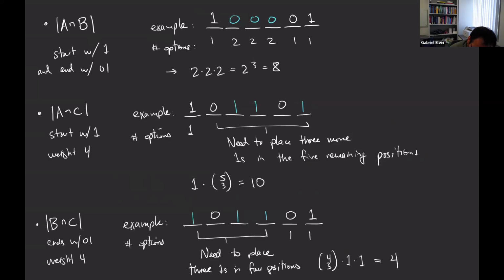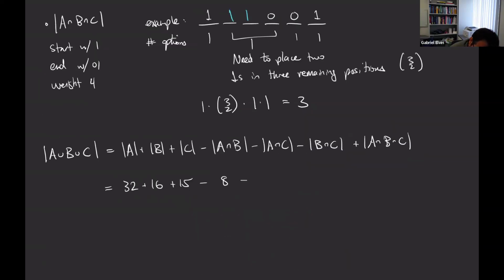So 8, 10, 4. And then the triple intersection had 3 things. And so what do we get? I'm using a calculator right now. Minus 8 minus 10 minus 4 plus 3, 44.